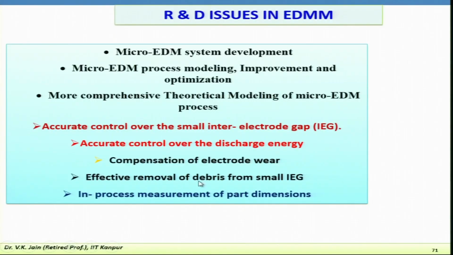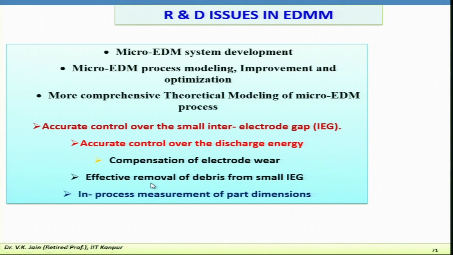Effective removal of debris from the small inter-electrode gap: proper flushing has to be done in case of EDM, and some appropriate methods have to be developed in case of the EDMM process, because tools are of micron size. So, you cannot apply very large pressure on the dielectric, otherwise it may bend or damage the tool.